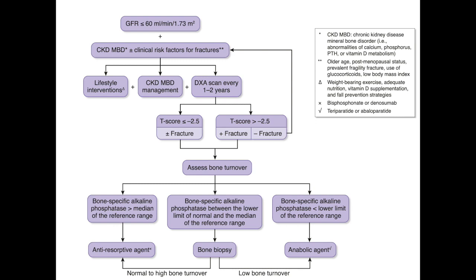If it is below the lower limit of the reference range, consider using an anabolic agent, probably in advanced CKD, but I would not use it right now in ESRD patients. For those between the lower limit of normal and the median, we don't really know what the best treatment is. The management for them is very complex, and they may require a bone biopsy, which is not available right now commercially and widely.